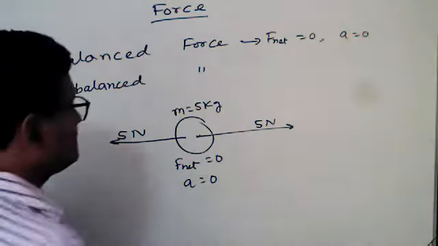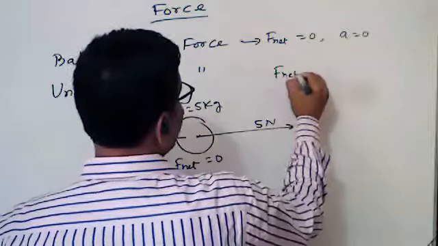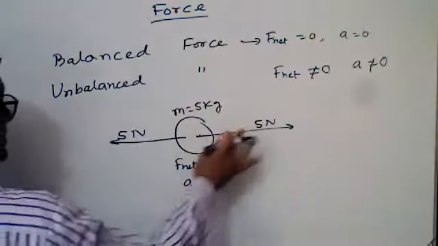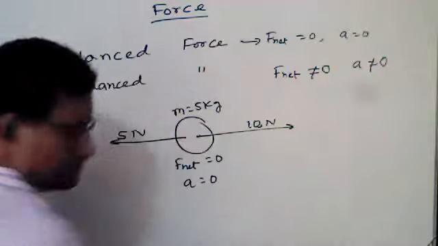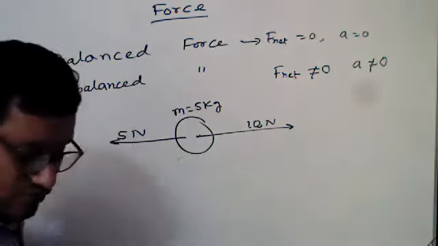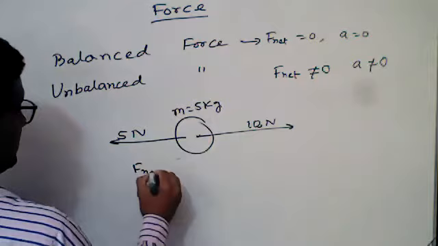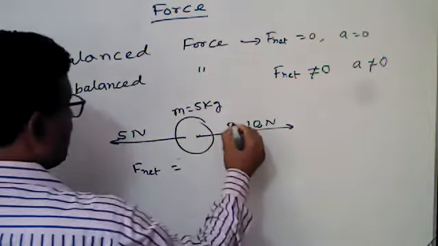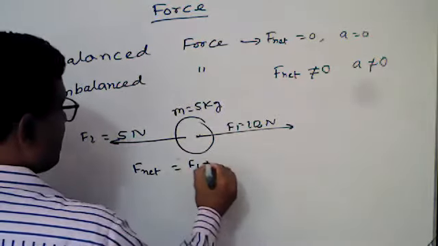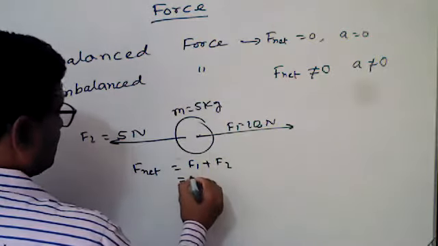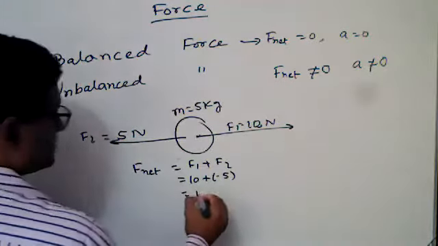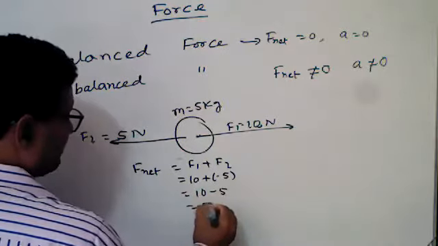Unbalanced condition: F net is not equal to 0 and a is not equal to 0. Suppose this is 10 Newton in this direction, so F net will be, suppose this is F1 and this is F2, F1 plus F2, but 10 plus minus 5, because this is the opposite direction, so 10 minus 5, that is 5 Newton.